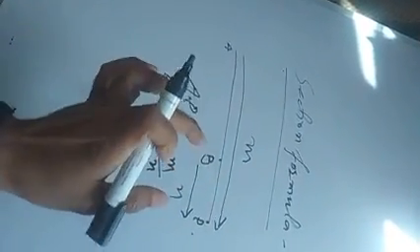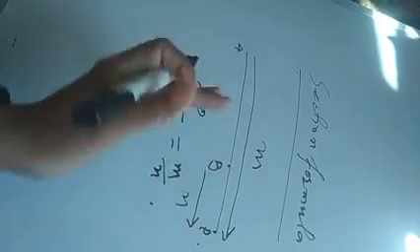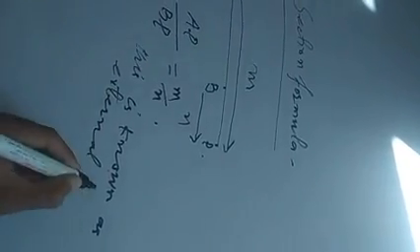But here P lies outside A and B. This is known as external division.